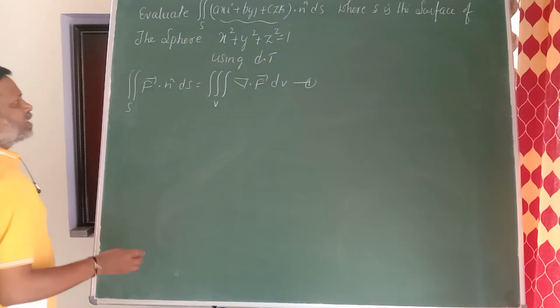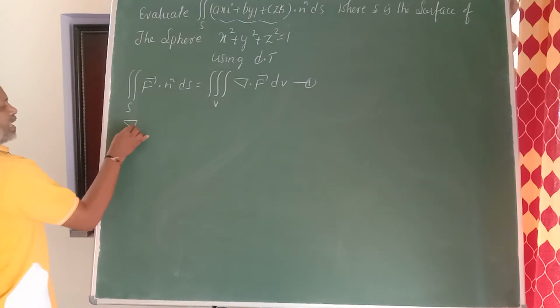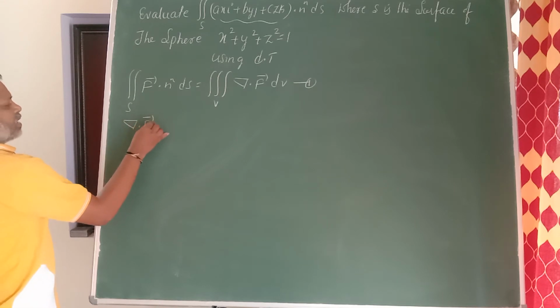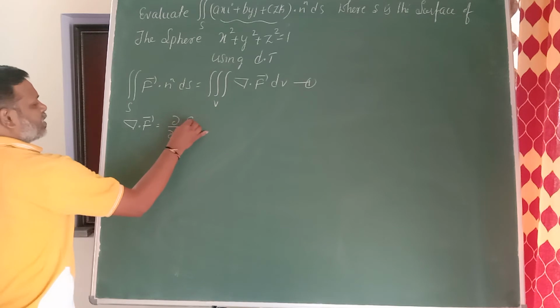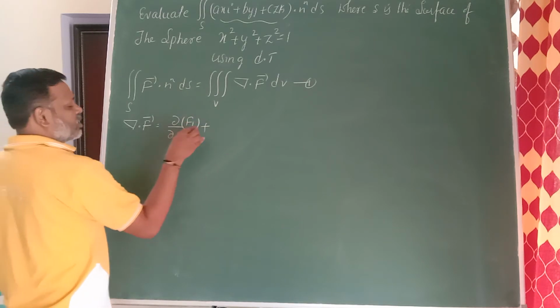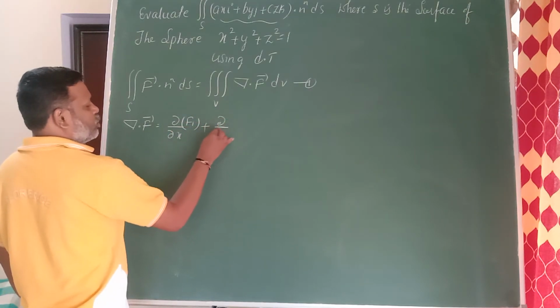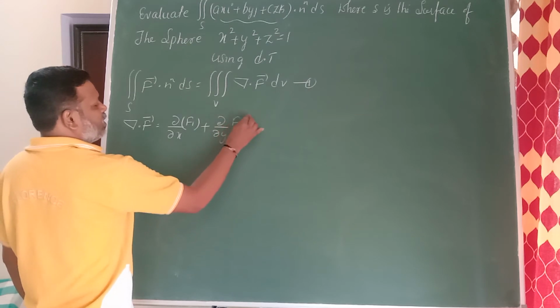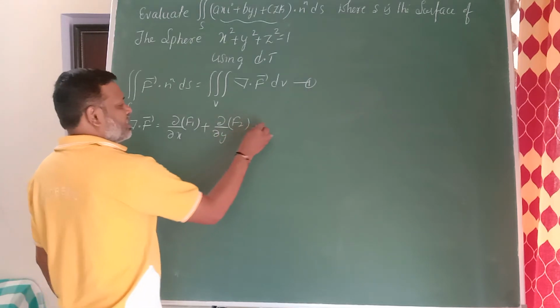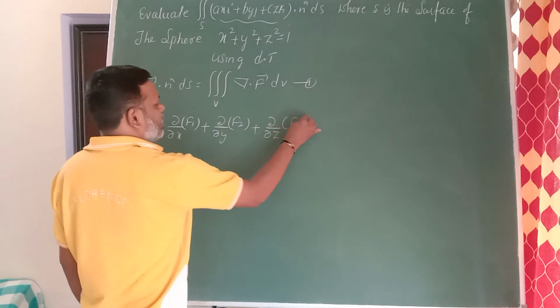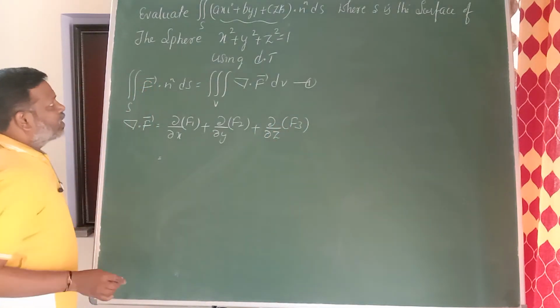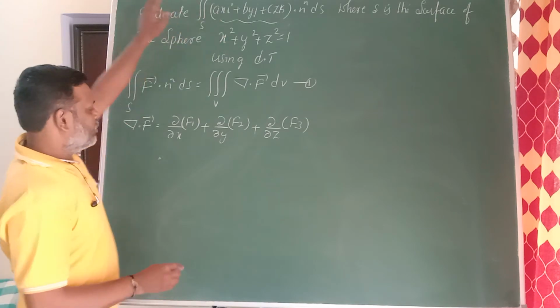Now we have to find del dot F. So del dot F is given by dou by dou x of F1, that is the first function across i, dou by dou y of F2, that is across j, and dou by dou z of F3. What is F1 here? ax.